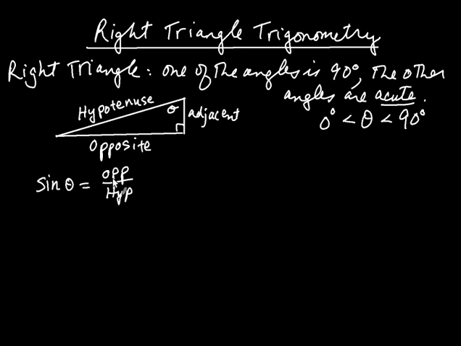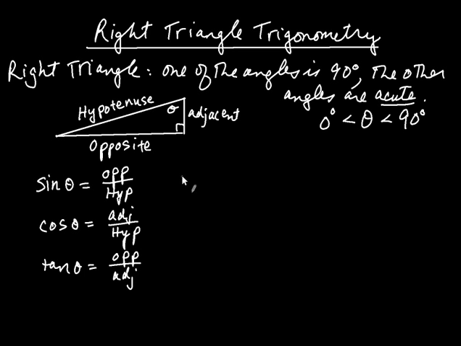And the reason we don't just write O is because we don't want to confuse that with a 0. Okay, so that's the definition of sine of an angle in right triangle trigonometry. And then cosine of the angle, COS of the angle, that's the adjacent divided by the hypotenuse. And the tangent of the angle is defined to be the opposite divided by the adjacent.